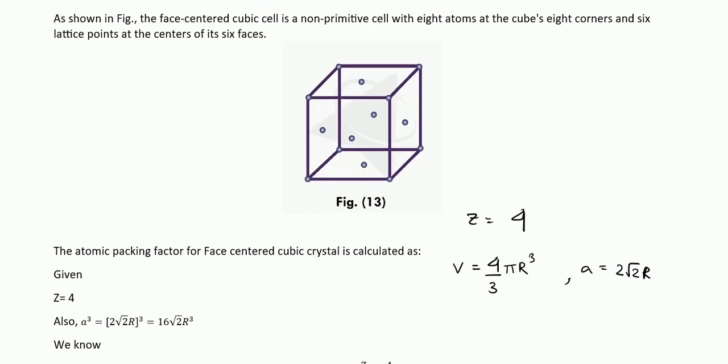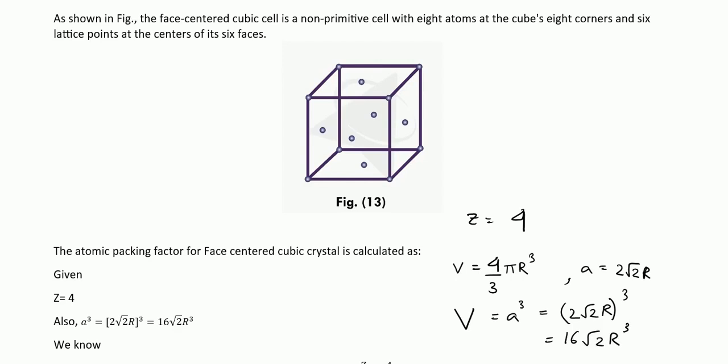Now what will be the volume of the unit cell, which is given by capital V equals a cube, similar to the body centered one. So we will take the cube of 2 root 2 r whole cube, which is equal to 16 root 2 r cube. This is the volume of the unit cell.